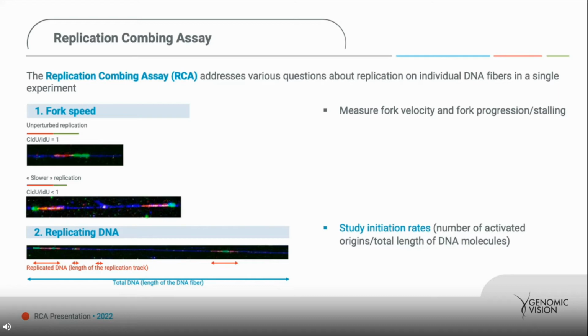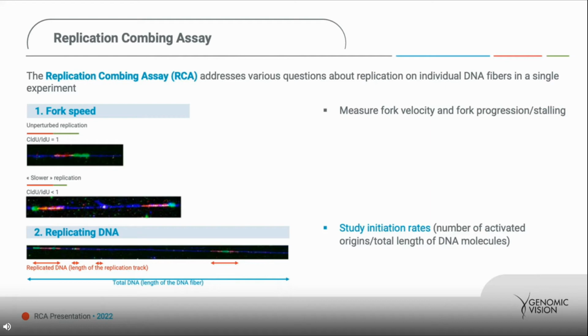So the Replication Combing Assay allows us to look at the fork velocity and progression, as well as fork stalling, by establishing the ratio of signal CldU to IdU. If we consider that the pulse is the same duration for CldU and IdU, and we see that this ratio is equal to 1, then we will consider that this is an unperturbed replication, with the signal in the red equal to the signal in the green.